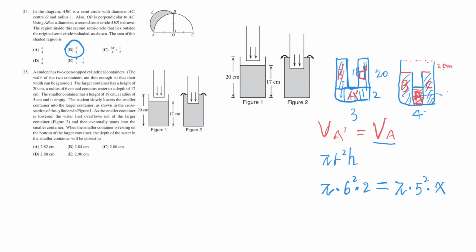Let the height be x. So x equals 6 squared times 2, that's 72, over 5 squared, that's 25. That's 2.88. So the height in the smaller container in Figure 4 is 2.88 centimeters. So the answer to problem 25 is D.